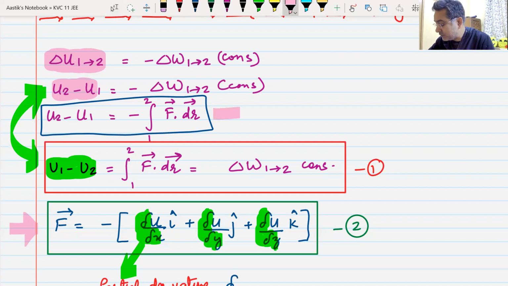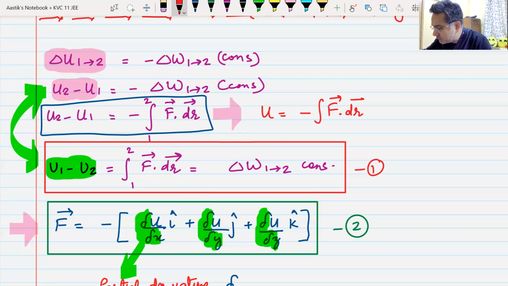The same formula in terms of indefinite integral will look like this. U will be equal to minus integral of F dot dr plus a constant c. Because I don't know the limits of integration, so it looks like this.